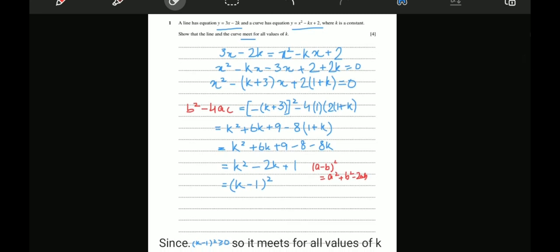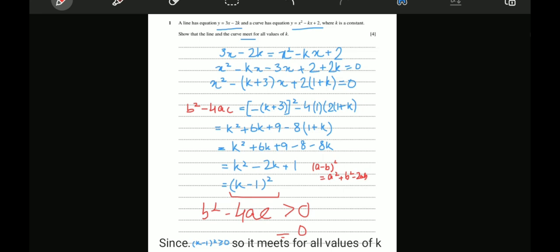Whenever they have given you this, we know that if b square minus 4ac is greater than 0 or equals 0, that means they have a point of intersection, either 1 or 2, and they have a real root.